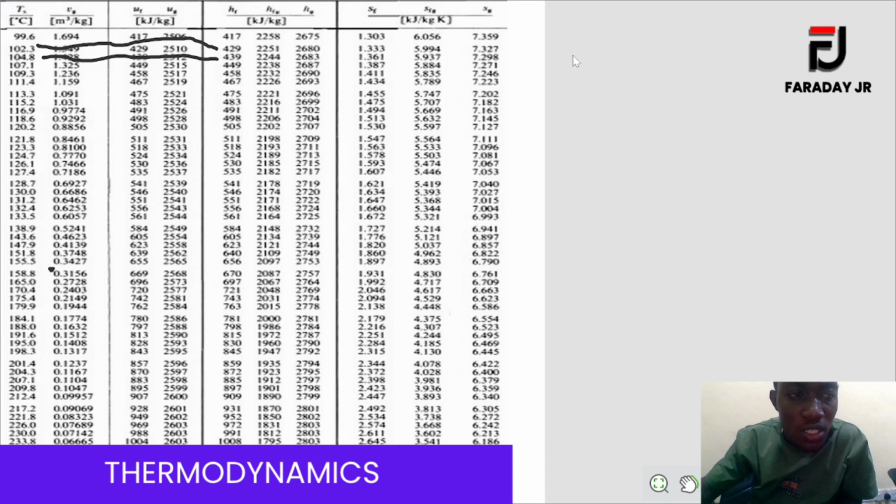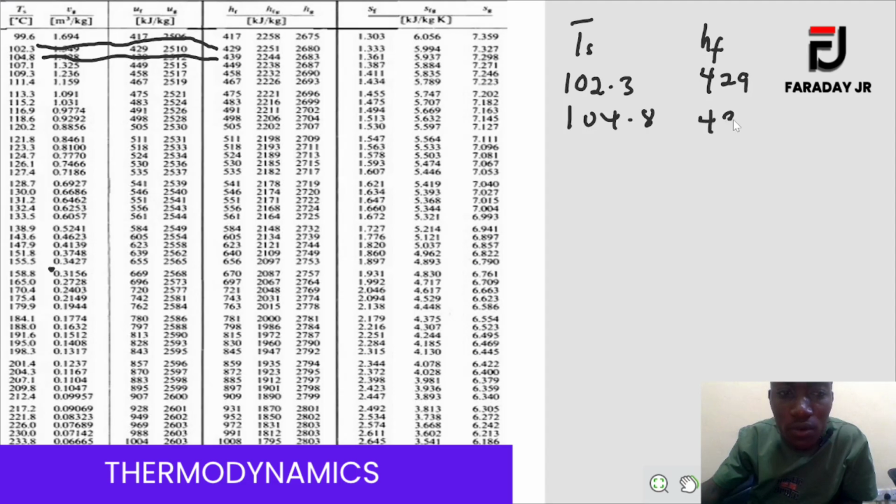So maybe you have the Ts, and we have the hf here. We are given 102.3 and 104.8 here. What is corresponding? The corresponding values are 429 and 439 as well. So how do you go about it?